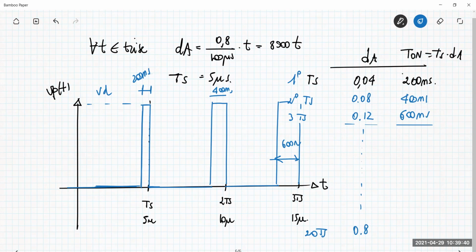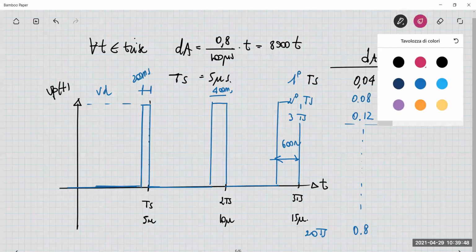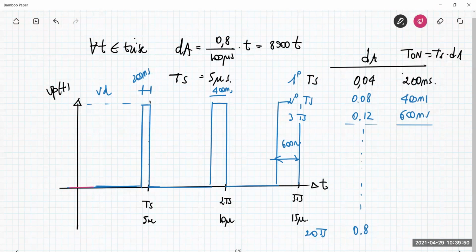What about the current? The current is the current that flows through the inductor, okay? So when the transistor is off, here the current will be 0. Now, here the voltage applied at the output of the half bridge is 250. So we are in this situation.